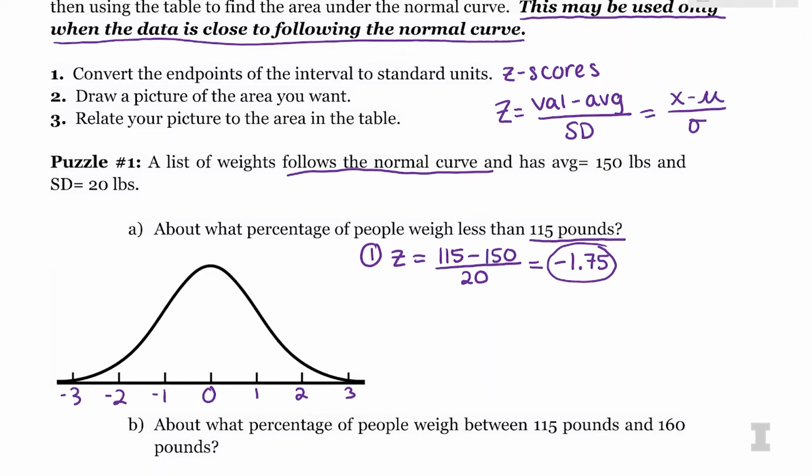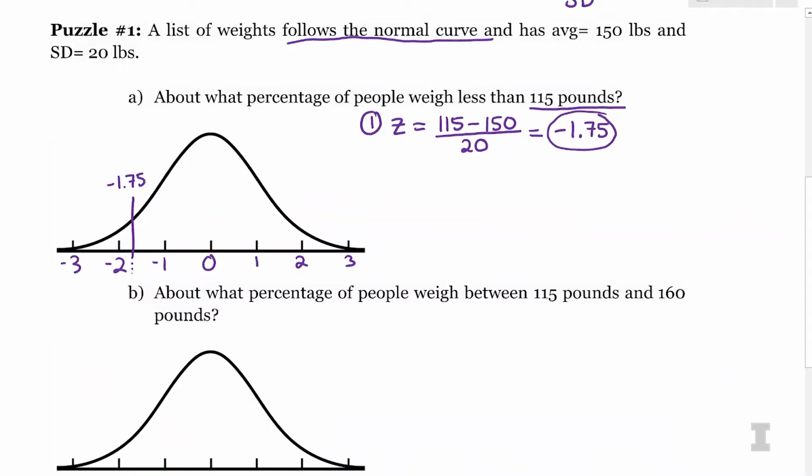Now I can mark negative 1.75 on my normal curve right here. And if I wanted to think about this in terms of pounds, I could do that too. I personally like being in z-scores because I think it makes it clean to work with the normal curve. But if I wanted to, this corresponds to 115 pounds.